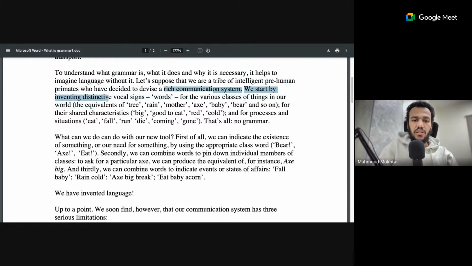We start by inventing distinctive vocal signs, words, for the various classes of things in our world, the equivalents of tree, rain, mother, axe, baby, bear, and so on. For their shared characteristics: big, good to eat, red, cold. And for processes and situations: eat, fall, die, rain, coming, gone. That's all. No grammar.